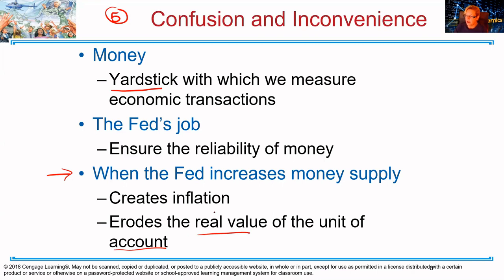Now here we're making an exception by saying the real value. So the value of money decreases, right? So we would say that $1 is not worth $1 in inflationary times.